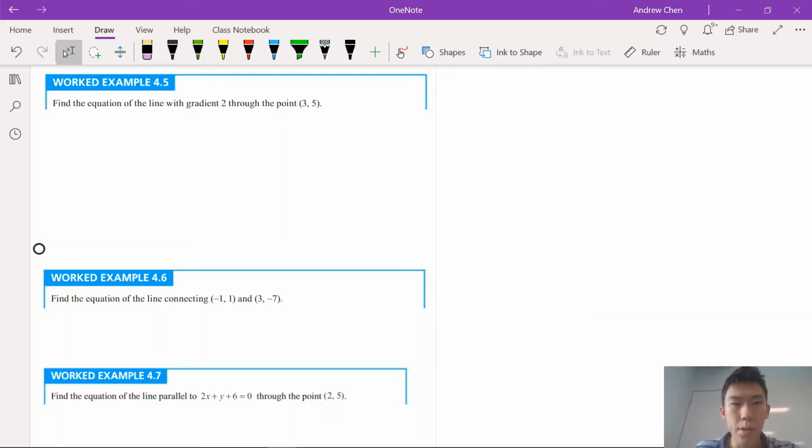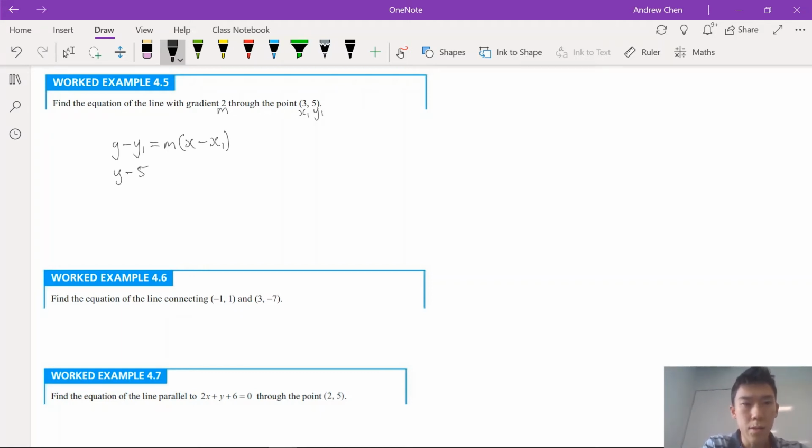Alright, so we want the equation of the line. We've been given gradient, m, and a point. This is when we can use the gradient point form of a straight line and sub in these values. So gradient point form is y take y1 equals m bracket x take x1.